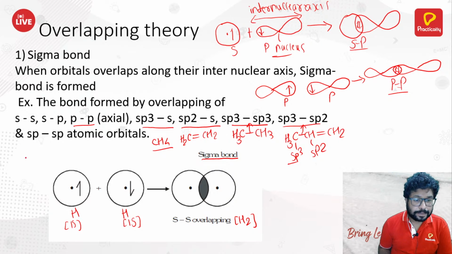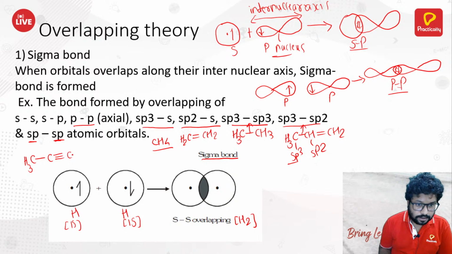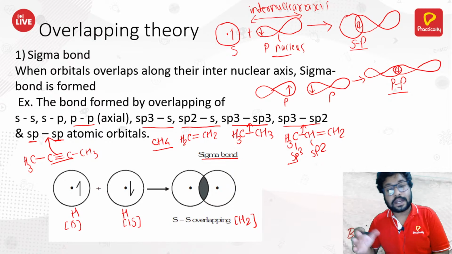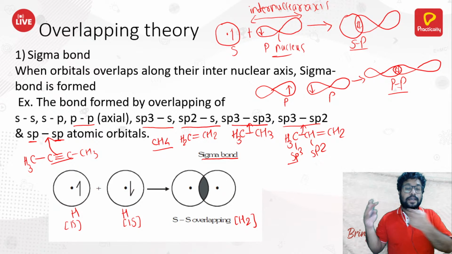sp means what? sp overlap. Yes. Let me show you this. See, triple bond. This happens in alkyne. So between this carbon and this carbon, this overlap is what? This is our sp overlap. So double bond is sp2 between the carbons, and between carbon and hydrogen it's sp2s.